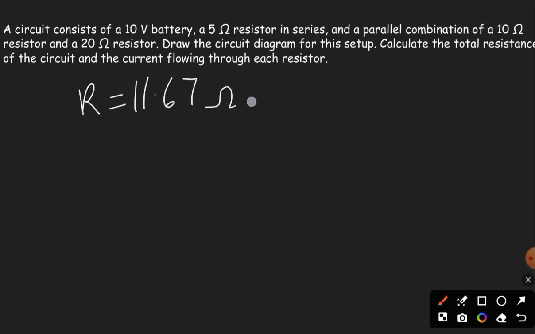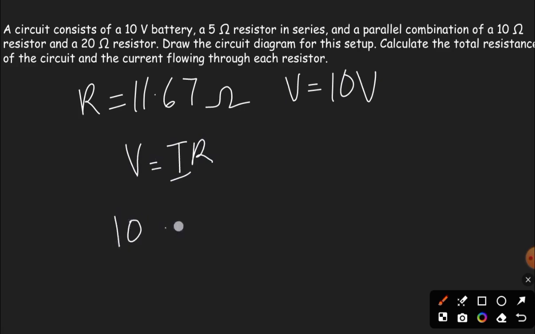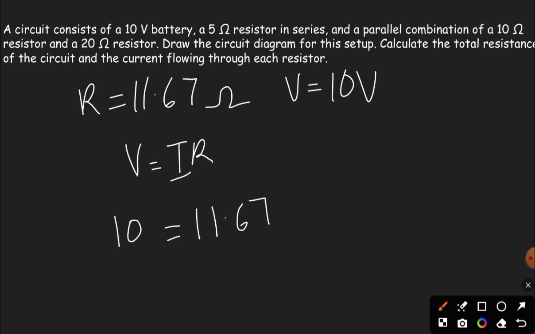Then our potential difference of voltage is 10 volts. So V equals I R. So 10 equals I times our resistance, 11.67.